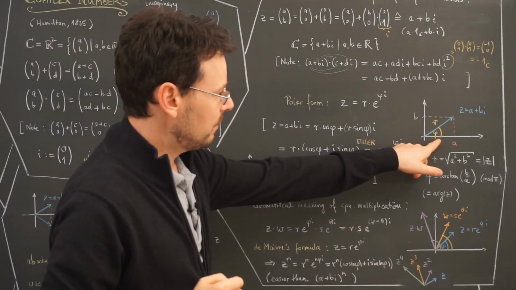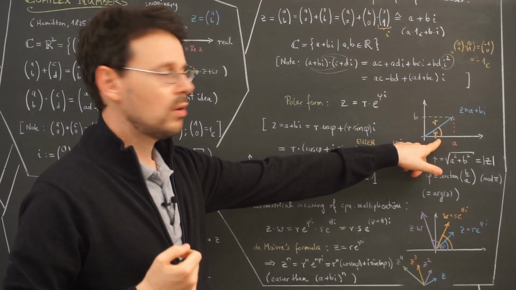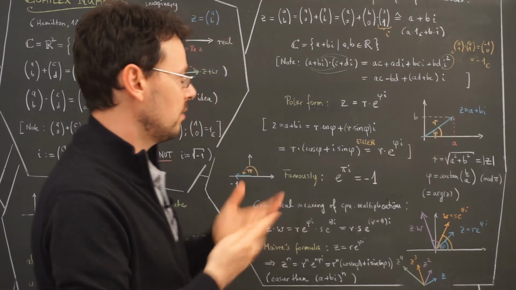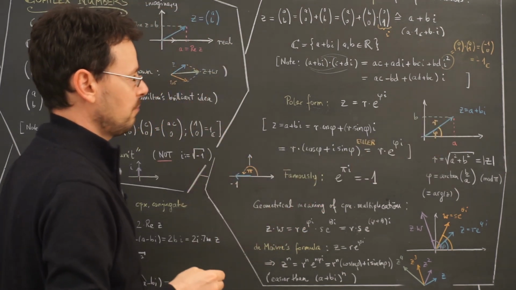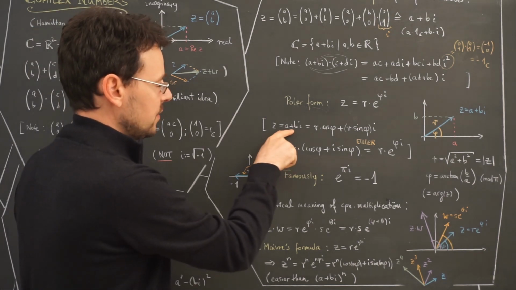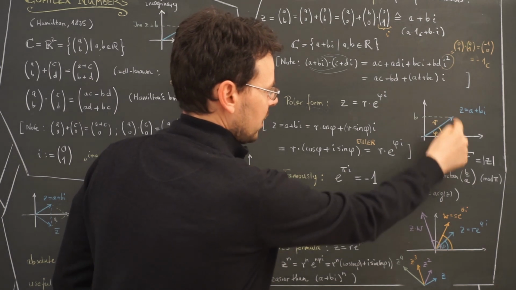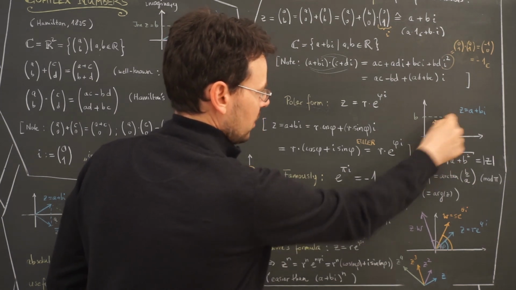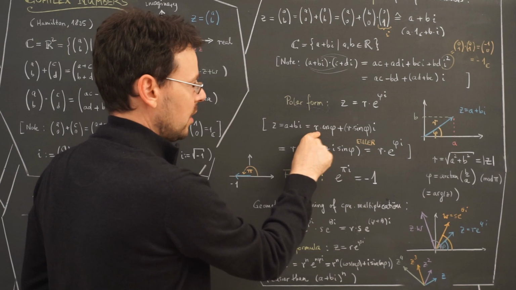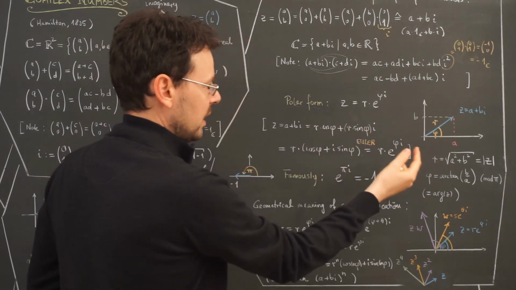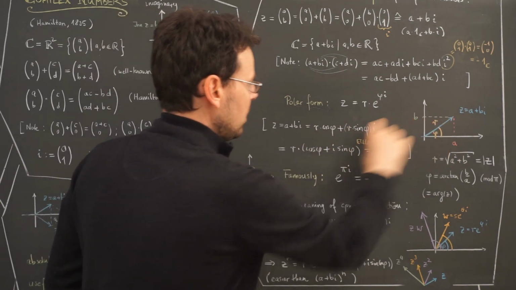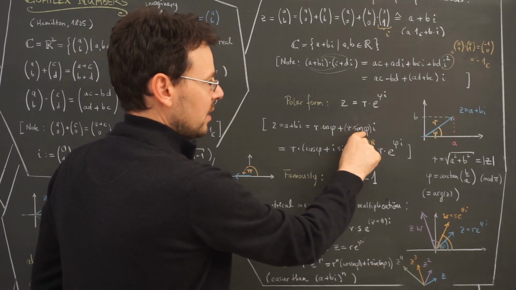And r and the angle phi are called the polar coordinates of this point here, or of the complex number. So this here is the Cartesian form. Then the real part is, in this rectangular triangle, the length of the hypotenuse, r times the cosine of this angle. b here is r times the sine of this angle.